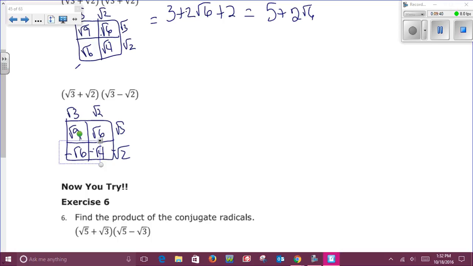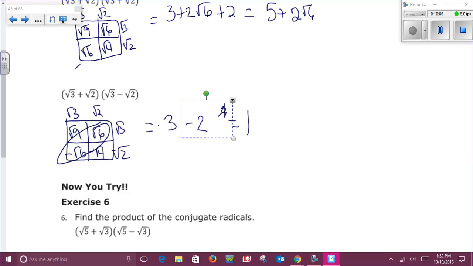Now I'm simplifying. Radical 9 is just 3. Here I have a positive and negative radical 6, so they cancel each other out. And then I have minus, and the square root of 4 is 2. So my answer is just 1.